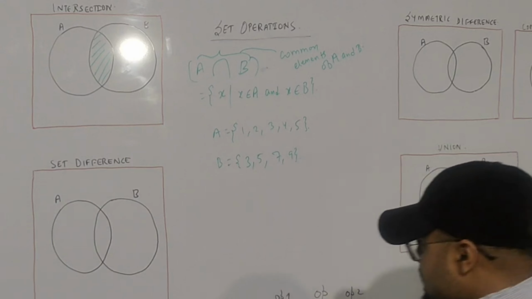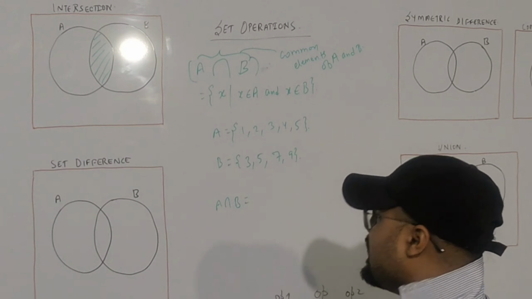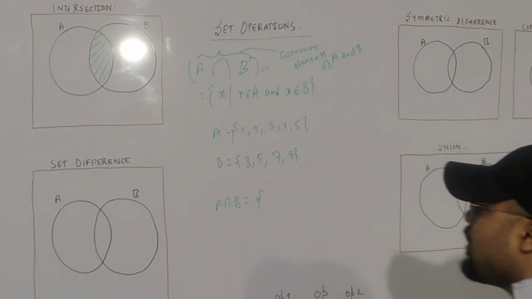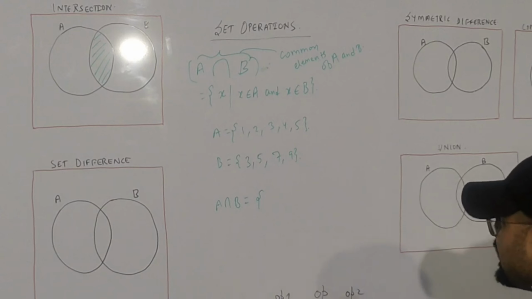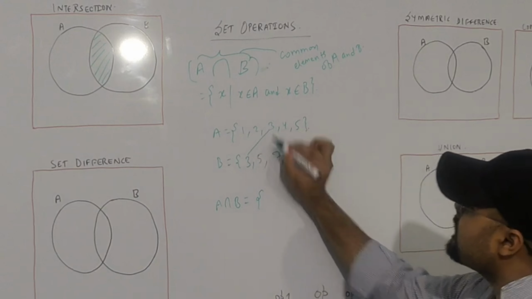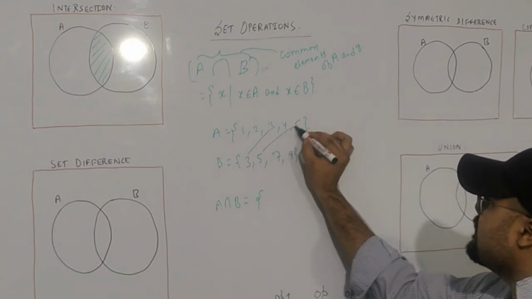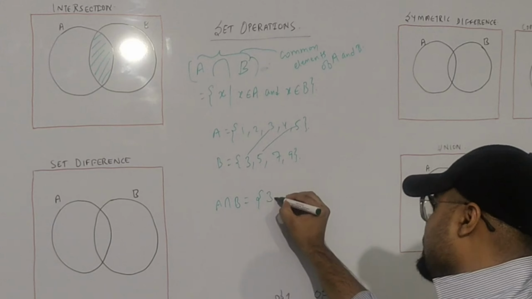Then what is the set A intersection B? A intersection B is a set, the elements of which are the common elements of A and B. What are the common elements between A and B? 3 is present in both sets. 5 is an element in both sets. So A intersection B is 3 and 5.